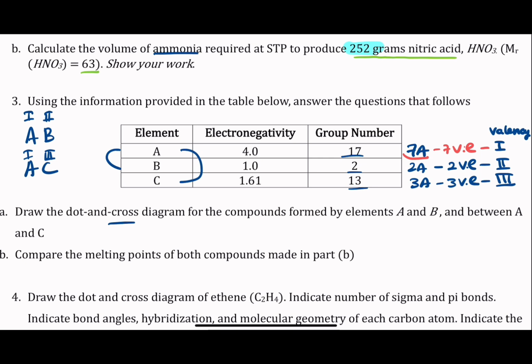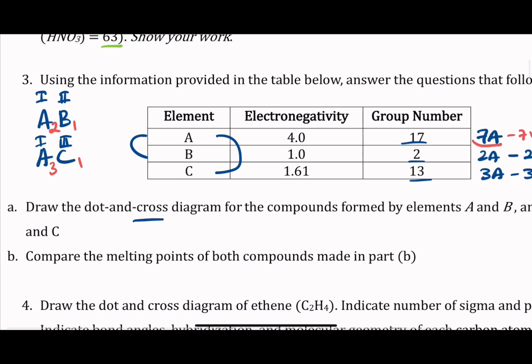And then we're just gonna go cross and cross, so 2 will come here and 1 will come here, 3 will come here and 1 will come here. So from the electronegativity you can see that A is a non-metal, and these are metals, right? That's why we write metals first, so it would be BA2 and it would be CA3. Basically these are your compounds.